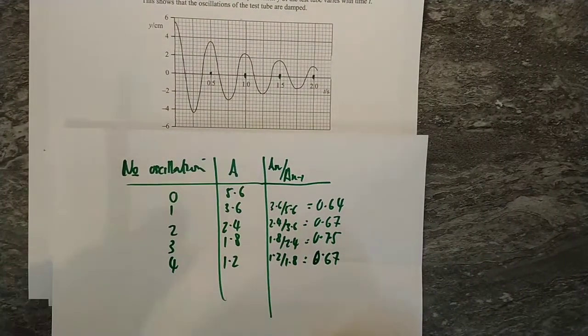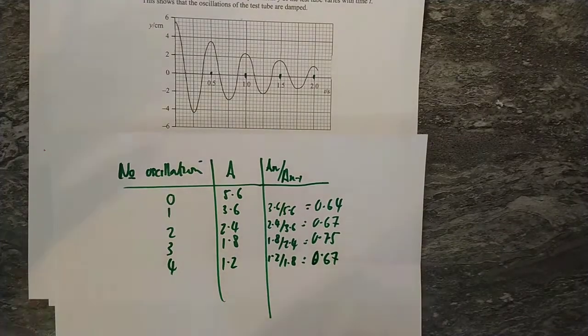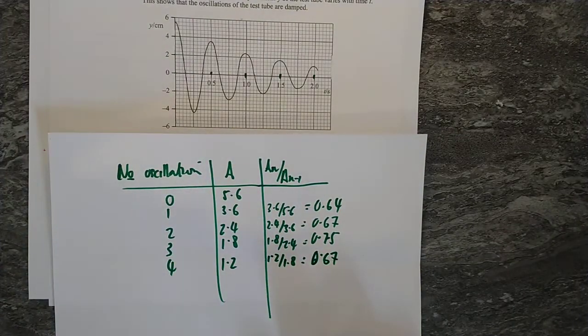So we now need to come to a decision about whether this is exponential or not. Is there an overriding pattern? Are they getting bigger or smaller?